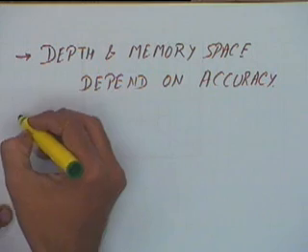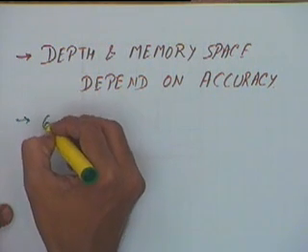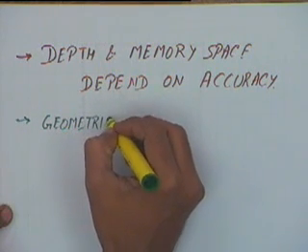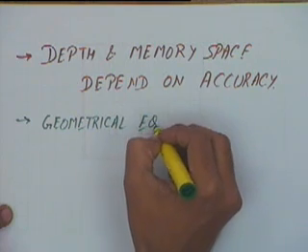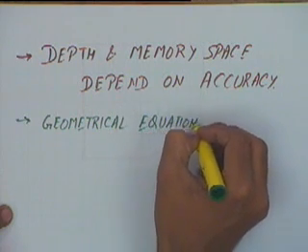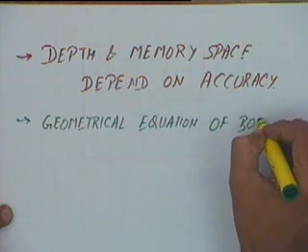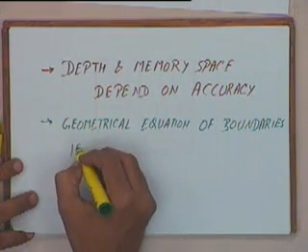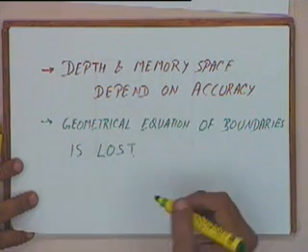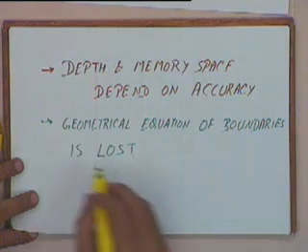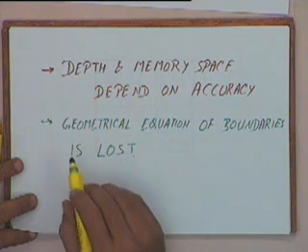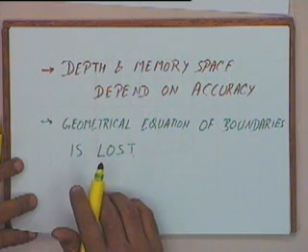So in a pure quadtree, the geometrical equation of the boundaries is lost. That is one big disadvantage of this. We don't know the equation governing the bounding curve.